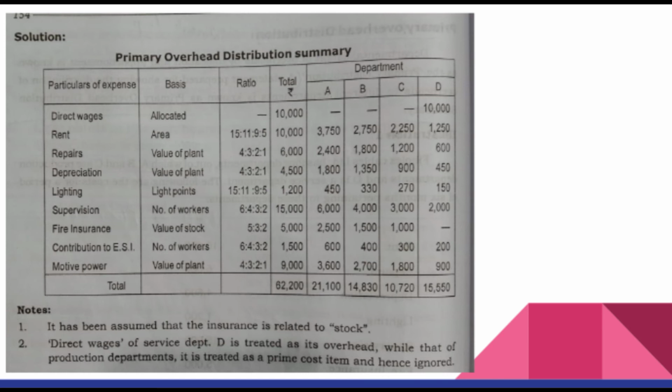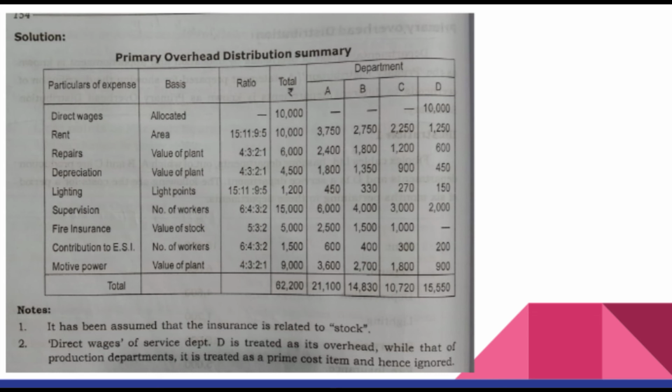After direct wages and rent, next item repairs. It is to be allocated on the basis of value of plant in the ratio 4 is to 3 is to 2 is to 1. Rupees 6,000 is the amount of repairs and that 6,000 is to be allocated in the ratio 4 is to 3 is to 2 is to 1.